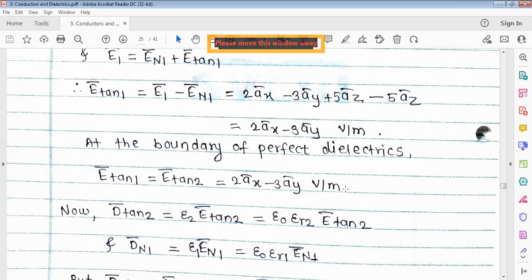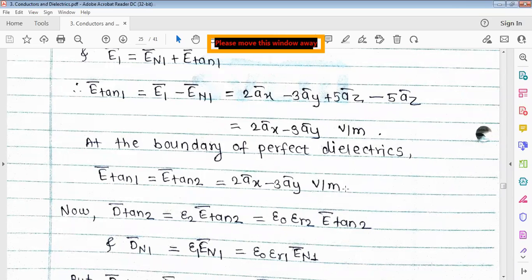Now similarly you have to find the D bar component, that is the tangential component of D bar. This D bar tan 2 is equal to epsilon 2 into E bar tan 2, because we know the relationship D bar is equal to epsilon E bar.